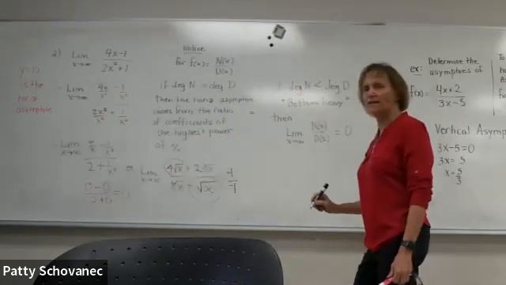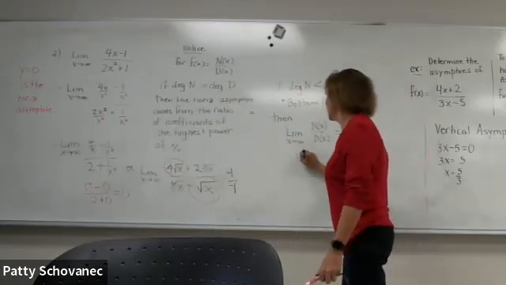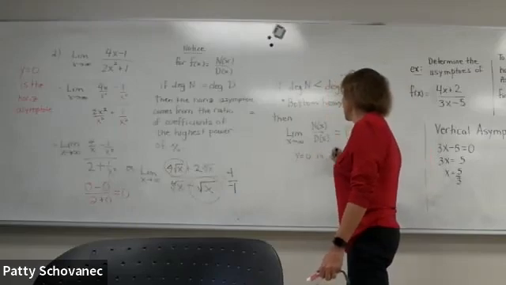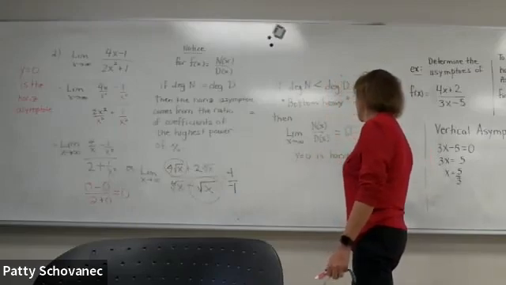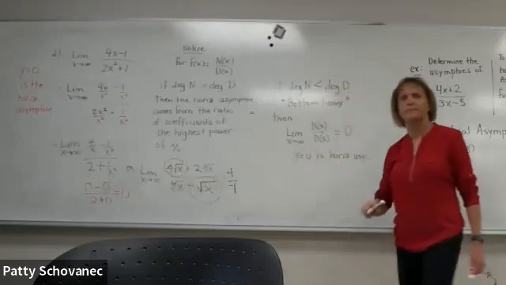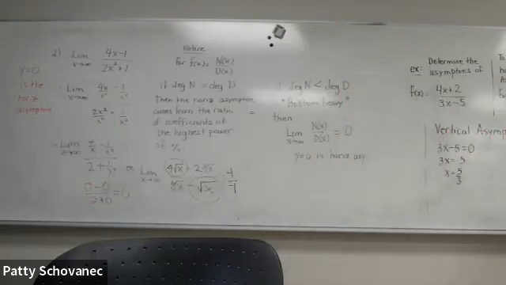The bottom grows faster. And the line y is equal to 0 is the horizontal asymptote. If it's top heavy, there's no horizontal asymptote. The only time we get asymptotes is if the degree on top is less than or equal to the degree on the bottom. And then we don't have to do that dividing by stuff anymore.